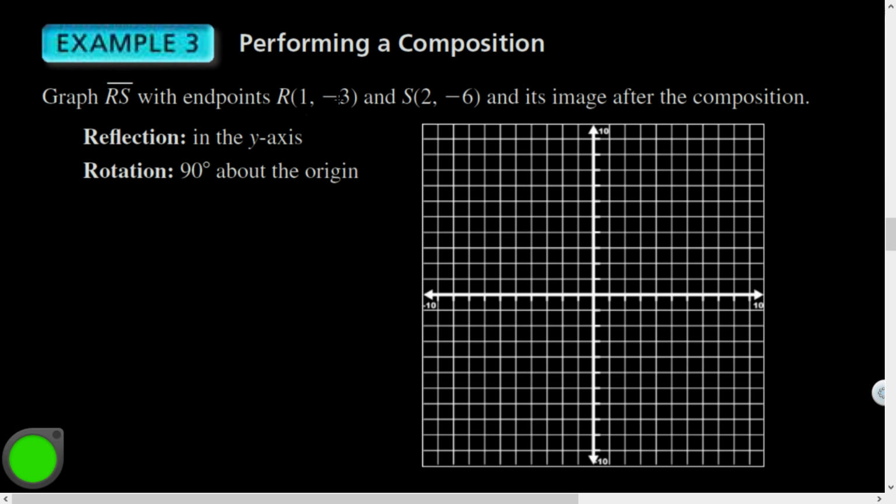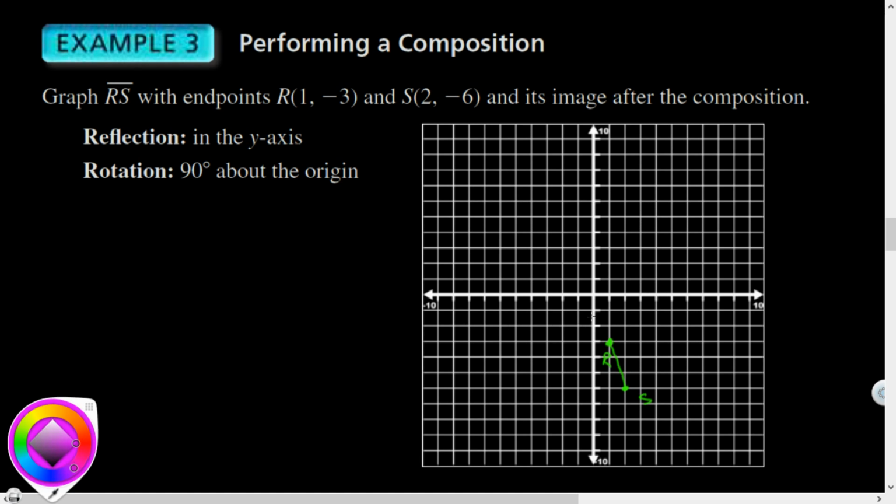So let's plot the points R. So that's 1, -3. There's R, original. There's S, 2, -6. 1, 2, 3, 1, 2, 3. There's 2, -6. So that's S. We're just going to deal with just this segment here. So it's not a shape, but you could imagine what that would look like.